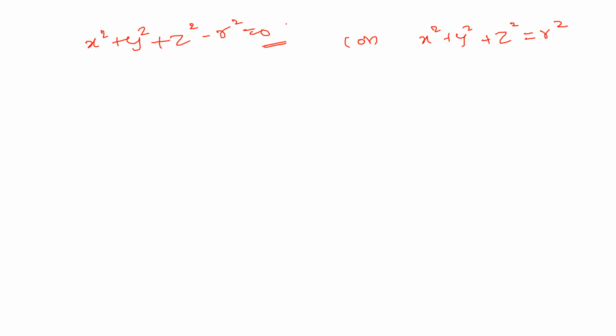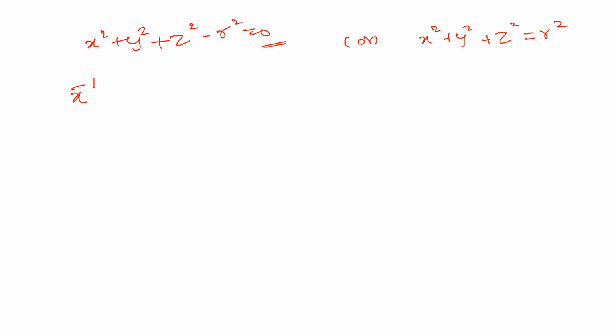Let us consider a sphere with the radius r centered at the origin. This can be described as x square plus y square plus z square minus r square equal to 0, or we can write x square plus y square plus z square equal to r square. Both are the same. That is nothing but the sphere with radius r. Radius can be anything, centered at origin. Since it is the origin, we are representing it as 0, right?